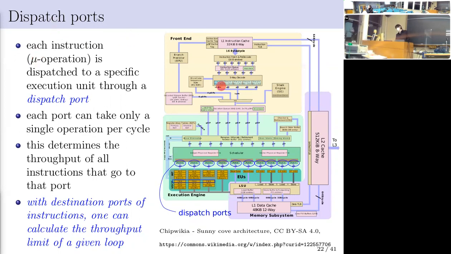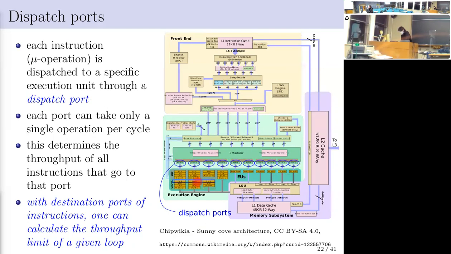So dispatch ports. This is what the processor actually looks like. This is the front end, fetching and decoding instructions, and sending these decoded instructions to something called a scheduler. But what is important in our discussion here are what are called dispatch ports. And here you have execution units. It may be difficult to see, they may be too small, but each box describes the kind of instructions it can handle.